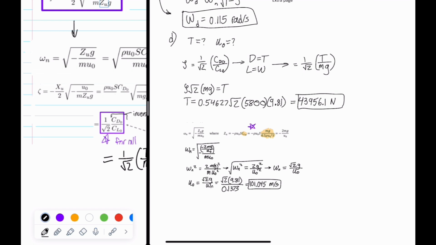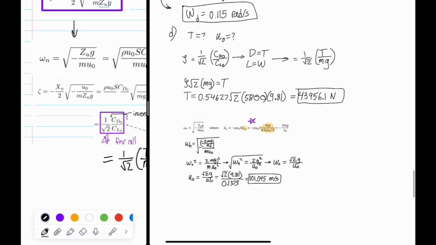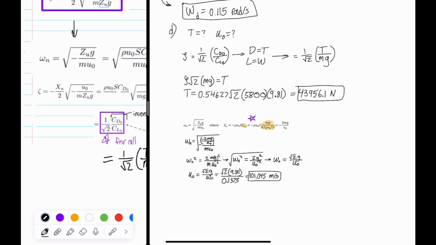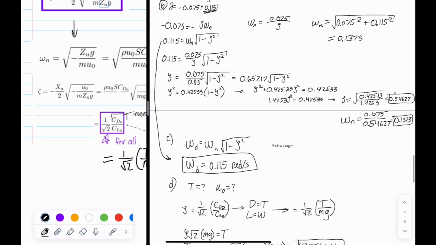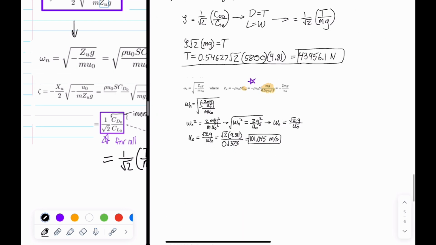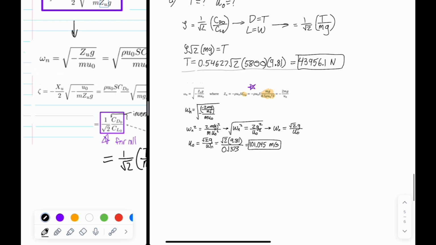And since this is non-dimensional and this too is non-dimensional because it's newtons over newtons, that substitution works fine. And then rearranging, because we know zeta, we can find thrust using the zeta that we found above. And we find that thrust is this.